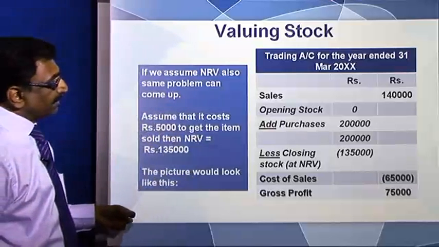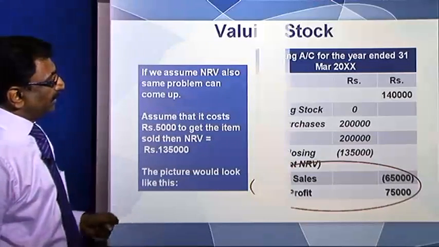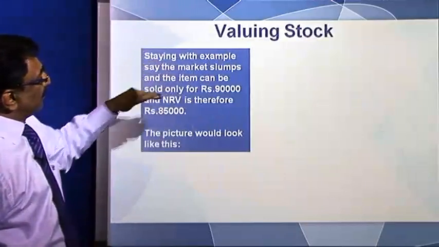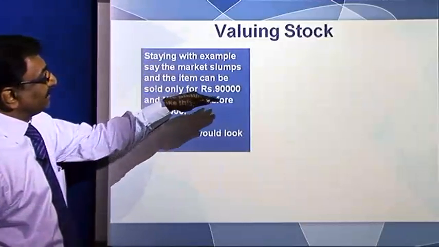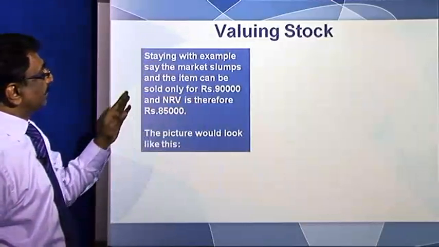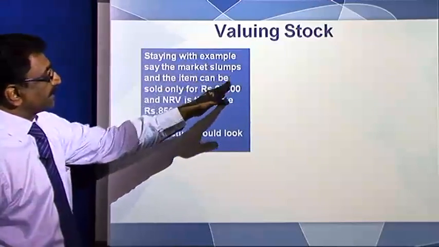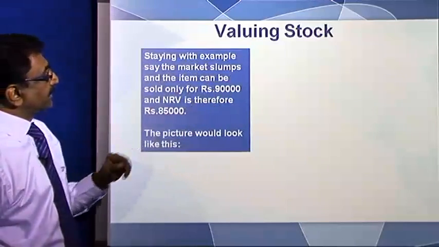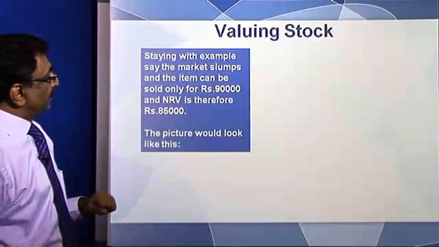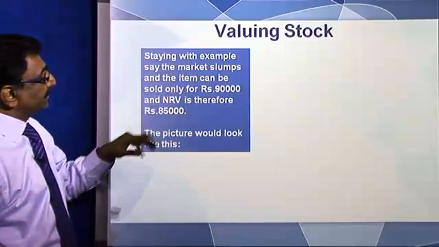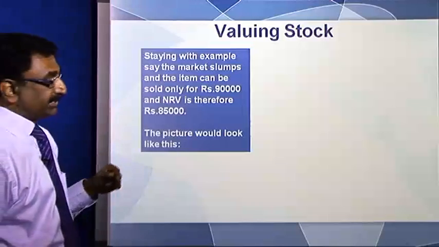Now let's look at another situation where the cost price of the trader is higher than the selling price. In the market, there is a slump, and now the trader estimates that he can get only 90,000 rupees for his product, and he may incur another 5,000 rupees for actually selling it.